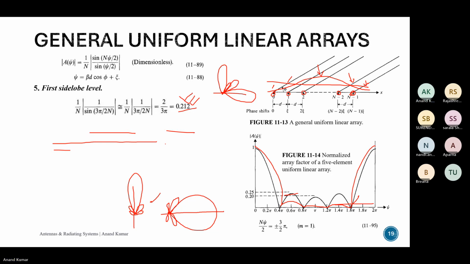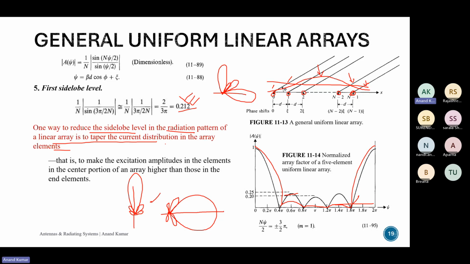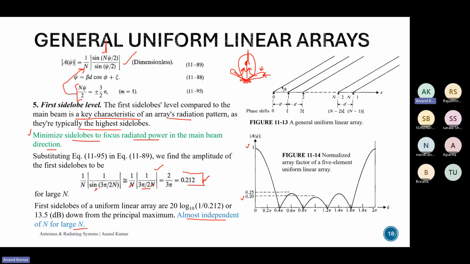So I'd like to modify my answer now. We just saw that for large values of n, the magnitude of the side lobe is almost independent, and it would come out to be this value.